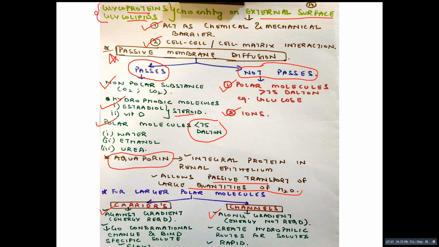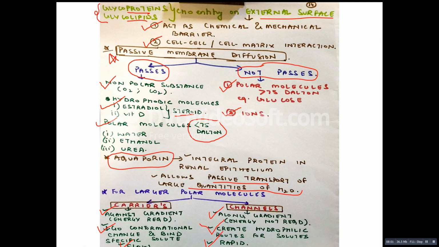Carriers undergo conformational change and bind a specific solute, so this takes some time and the process is kind of slow. Whereas channels create hydrophilic routes for the solutes, and this process is quite rapid in comparison to the carriers. I hope you understood the difference.